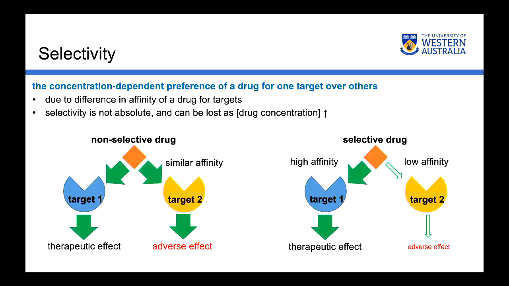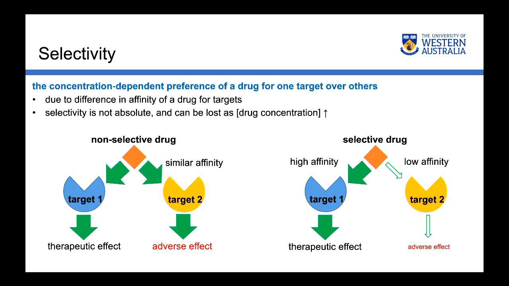Okay, now we talk about affinity, efficacy, potency. One last thing, we look at selectivity. Selectivity is important because we want the drug to target the target we intend, not other targets, because it will cause a range of effects that are often undesirable.